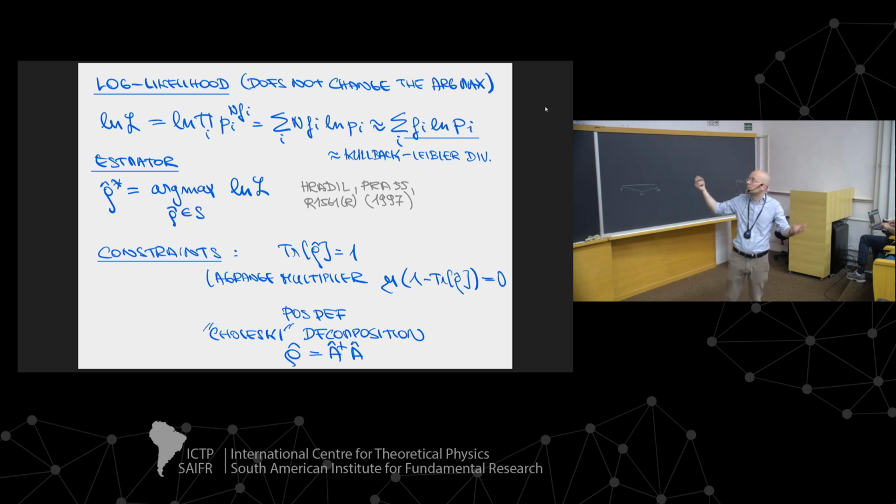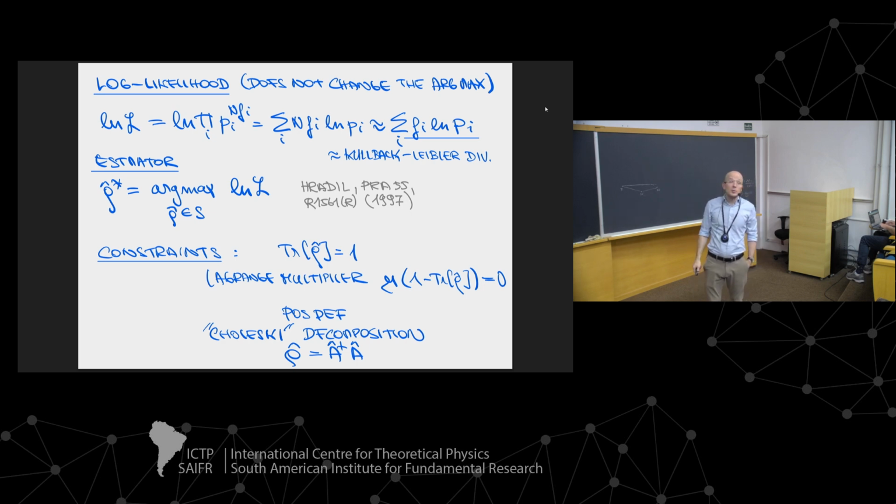So we can make these changes. Okay, and again we can remove everything that doesn't depend on quantum states, which is the total number of measurements, and we have a very simple log likelihood function, which is just this thing, this guy.